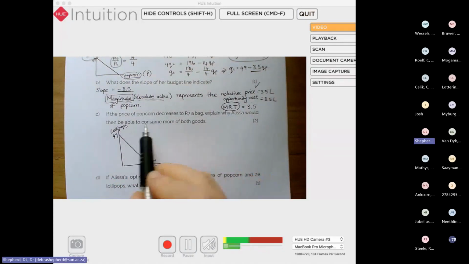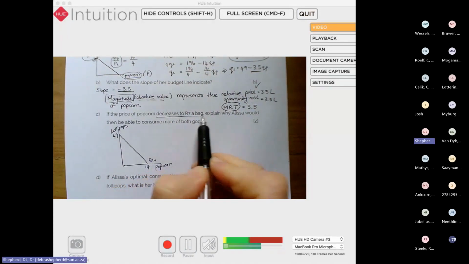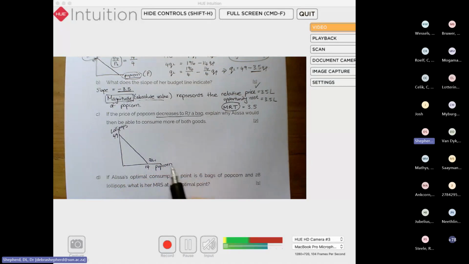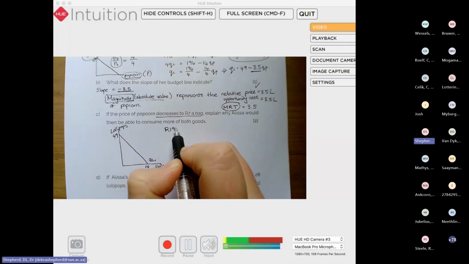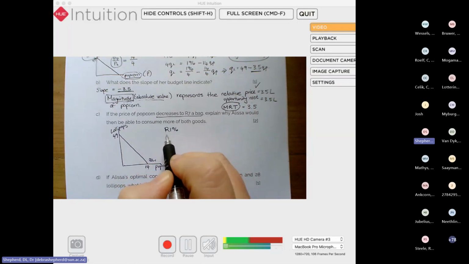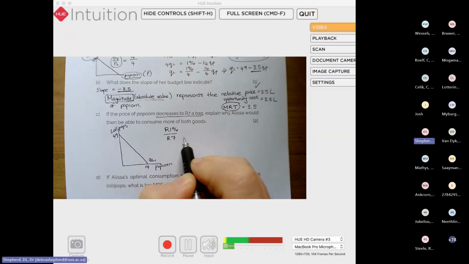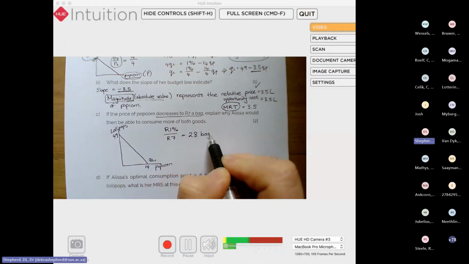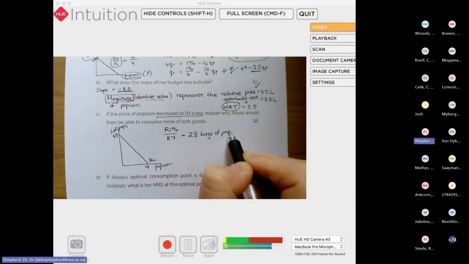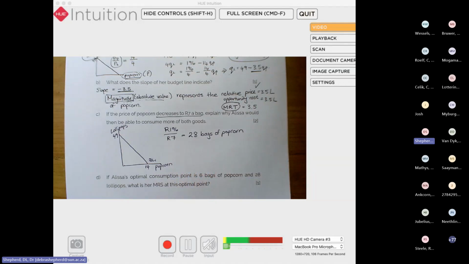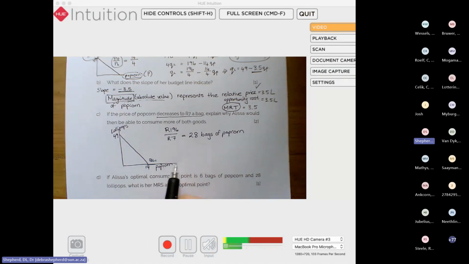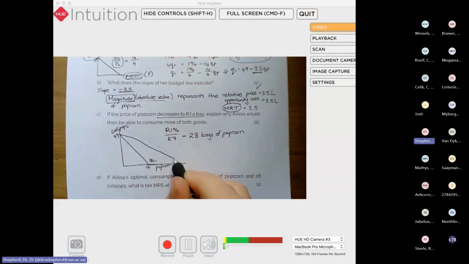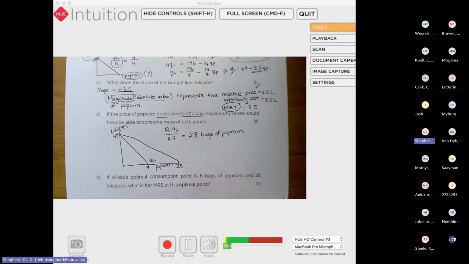If the price of popcorn decreases to 7 Rand a bag, what that means is that if she spends all 196 Rand on popcorn, she would now be able to buy 28 bags of popcorn. In other words, her income in real terms, so her real income is worth 28 bags of popcorn.